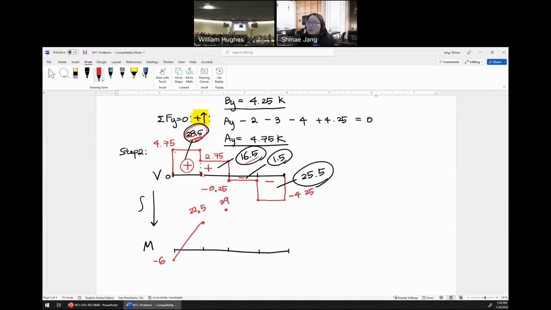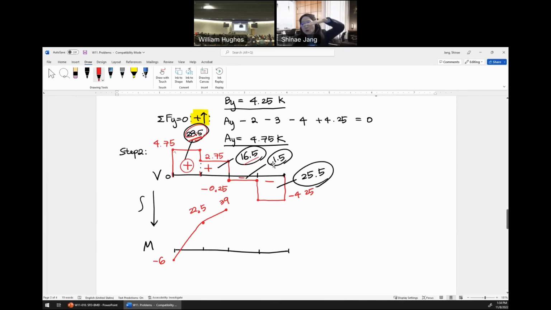And again, the shear force diagram is constant, so it's linearly increasing. And the next portion is negative slope, so that means it's decreasing.